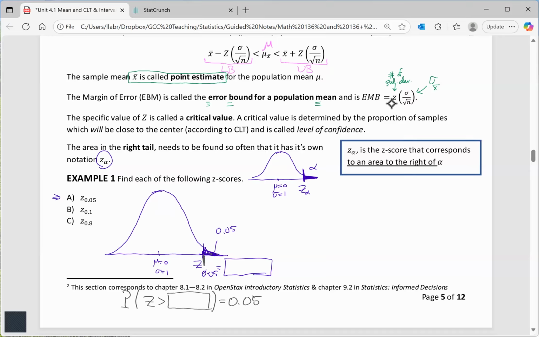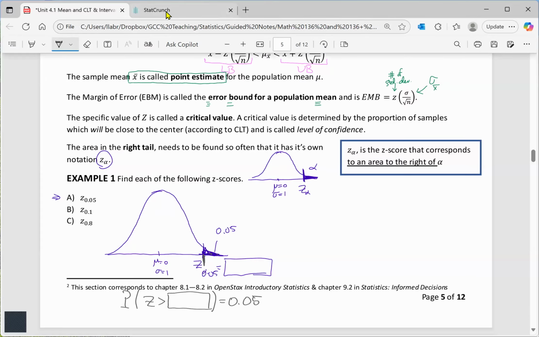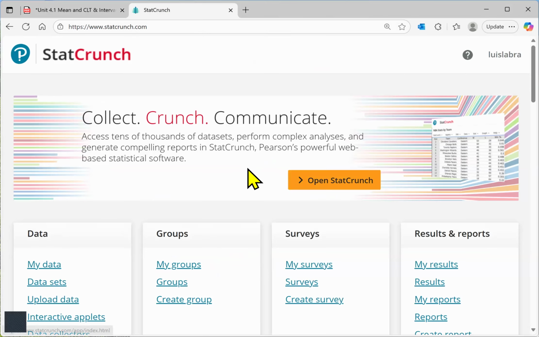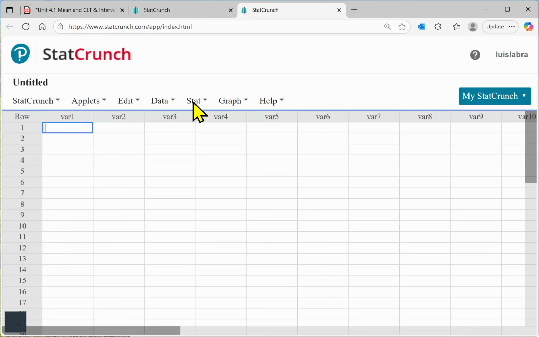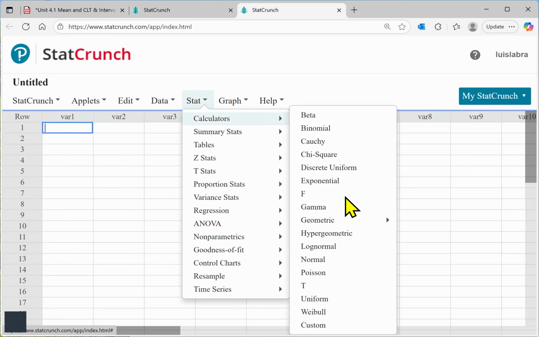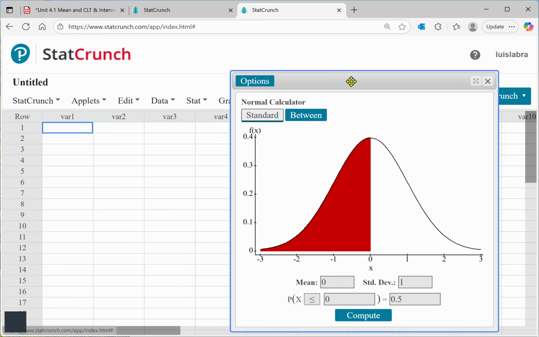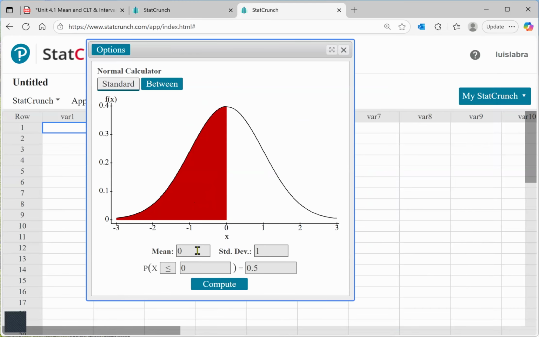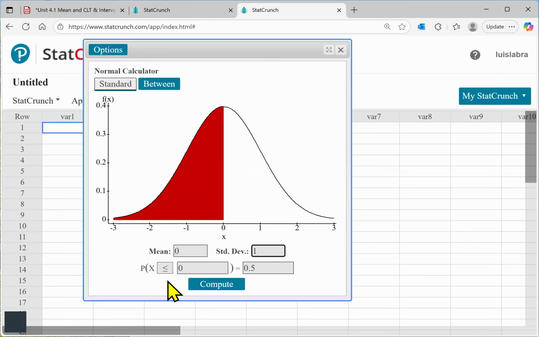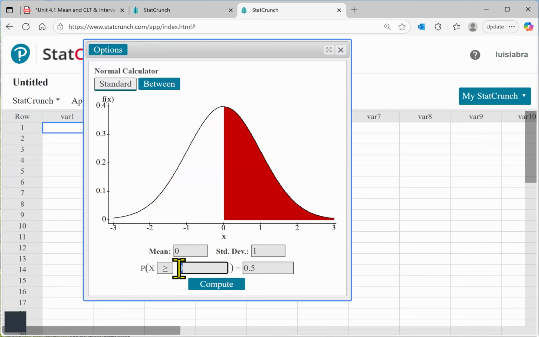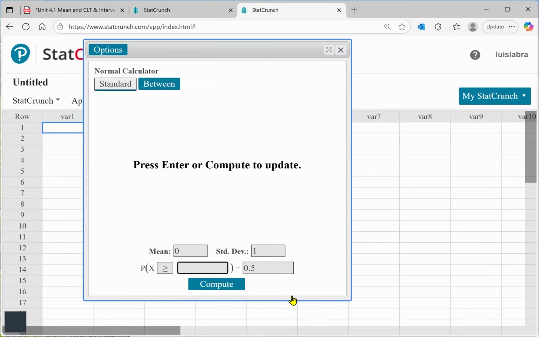So let's type this into StatCrunch to get our critical value. You can go to Stats, Calculator, Normal. Make sure that this matches. So 0 and 1, that's good. And then x has to be greater than an unknown value, but my area is 0.05.